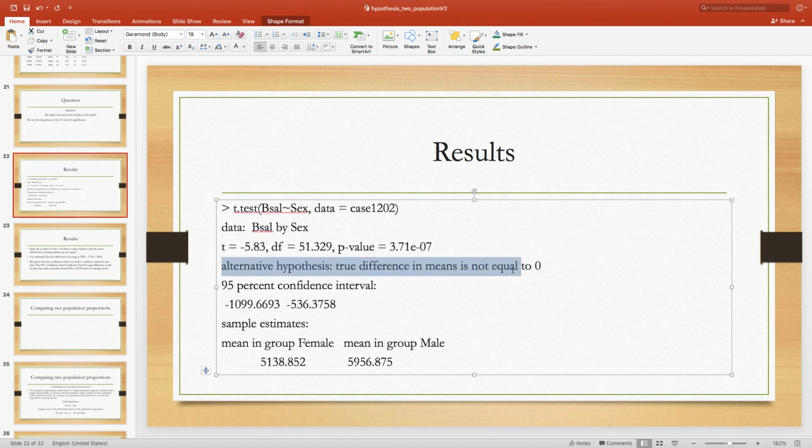The alternative hypothesis is that the difference in the population mean starting salary is not equal to 0, meaning they're not the same. And it returns a p-value of 3 times 10 to the negative 7th. I can reject this at almost any level of significance, down to 3 times 10 to the negative 7th.